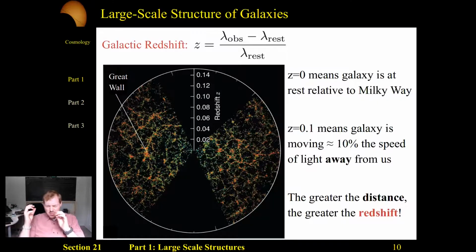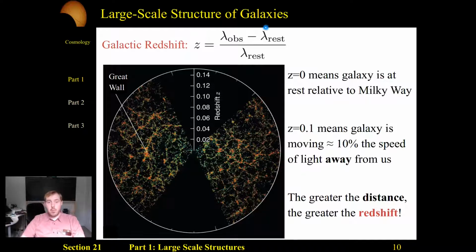So to put that in perspective, what I mean by rest, imagine I have a spectrum tube, let's say neon gas. Hopefully everyone recognizes neon lights with that bright orange hue to it. So I take that neon light for my example here, and it's sitting right next to my face, stationary relative to me, and I see that orangish glow. Now I put that on a rocket ship, and I send that neon gas flying away, and the light starts to shift.